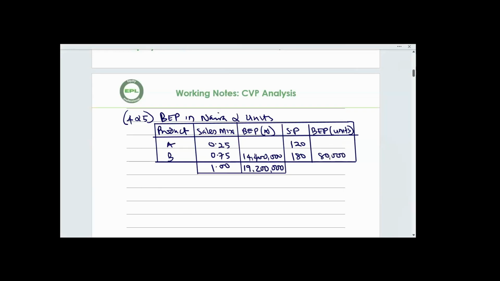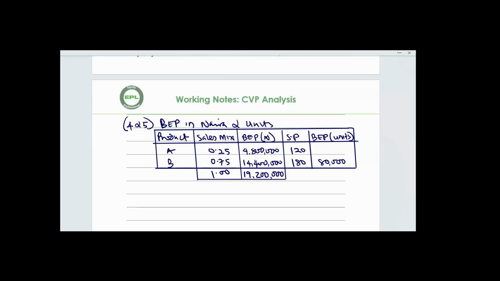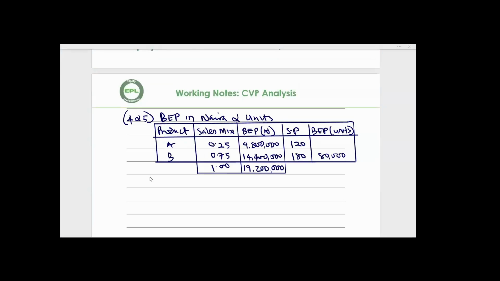Then for product A, 0.25 multiplied by 19,200,000, we got 4,800,000. Then to get the break-even point in units, you divide that by the selling price. 4,800,000 divided by 120 Naira, we got 40,000 units.